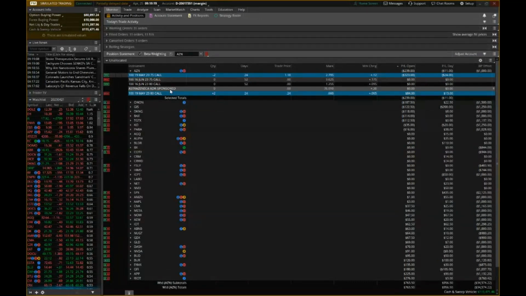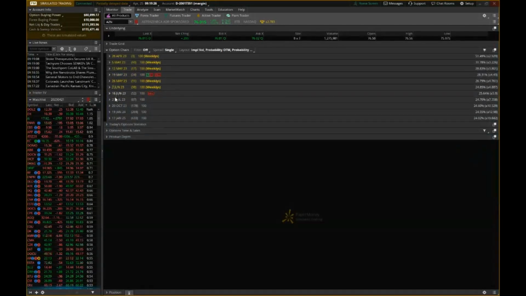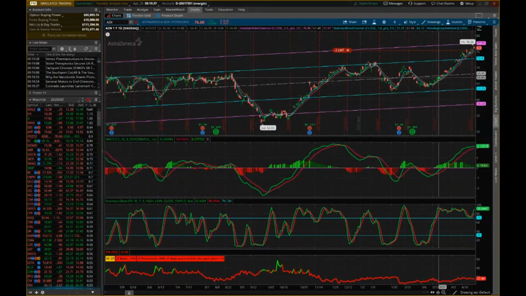And what that will do is give us more time for the trade to go our way. So we'll have 52 days instead of 24 days for it to revert back to the mean. So hopefully we'll get filled.